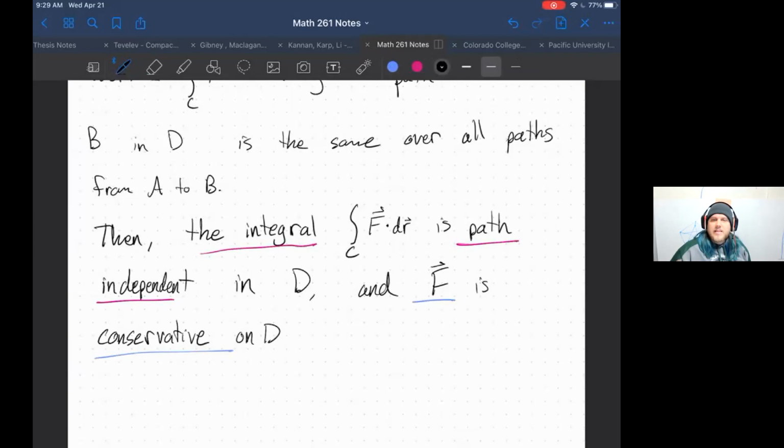In the case where it doesn't matter what path you take from points A to B, this vector field is going to give you the same work done between A and B. This is a large setup, but I really want to emphasize that the integral is path independent and the vector field is conservative. These are, if and only if, equivalent statements.